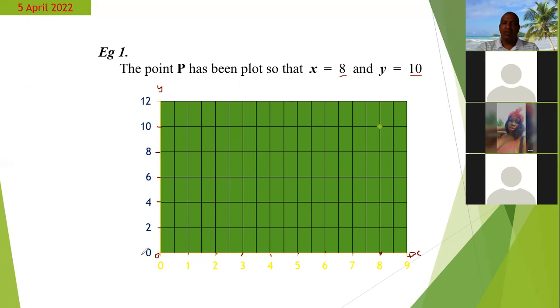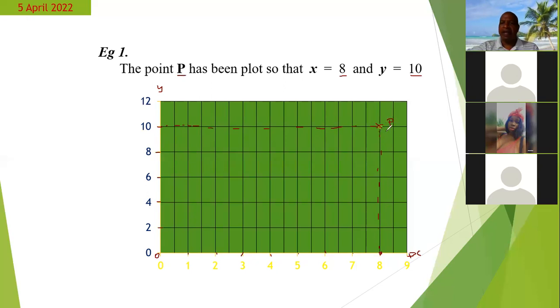Now, what we do is draw a dotted line from the 10 right across, and we draw a vertical line from the 8 going up to where these two lines intersect. That would be the position of our point P. So P would be right here.